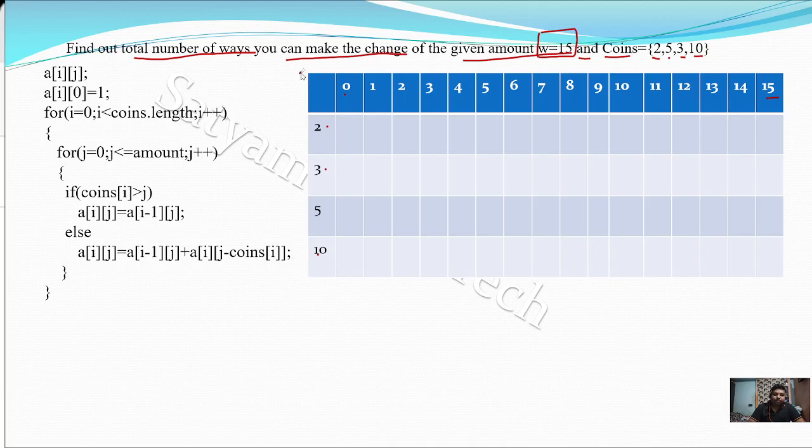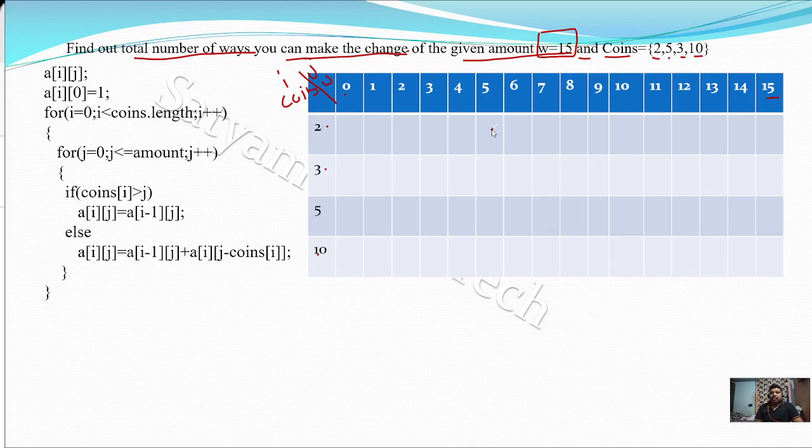What is the meaning of the dynamic programming approach? Here I is the coin index and J is the column value, that is W. What is the tabulation method? The subproblem solutions are stored in a table.